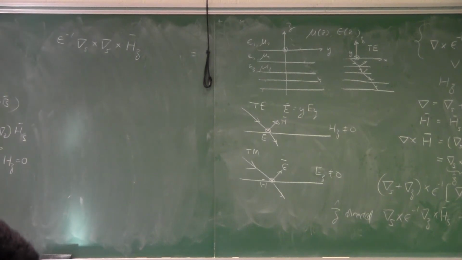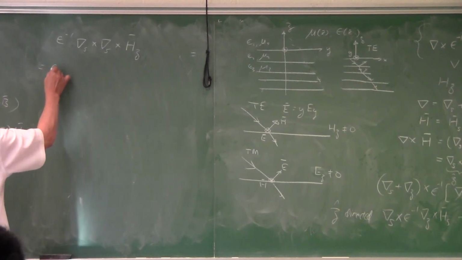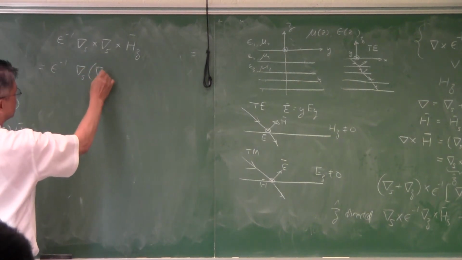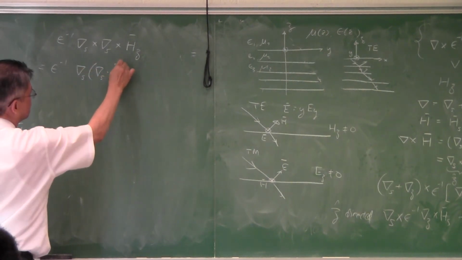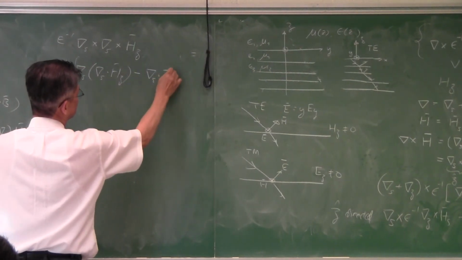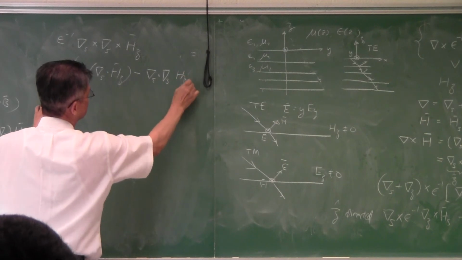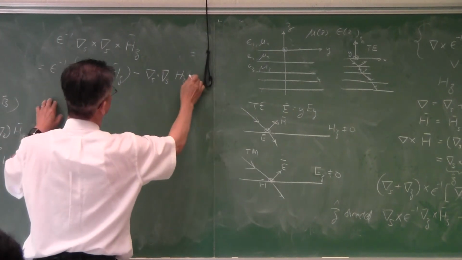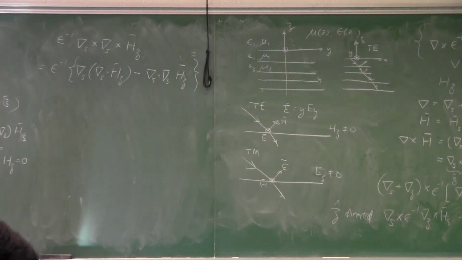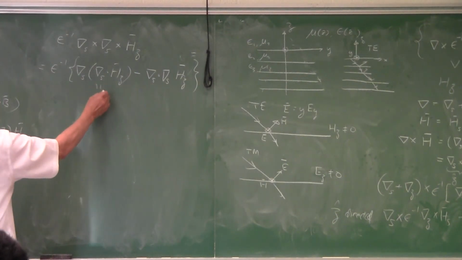And then I use the back of the cab formula again. This is just equal to minus, okay, the second term, and this again is equal to 0.